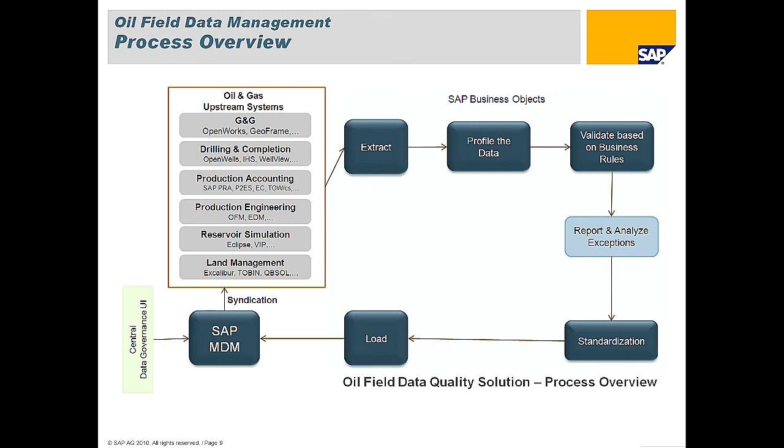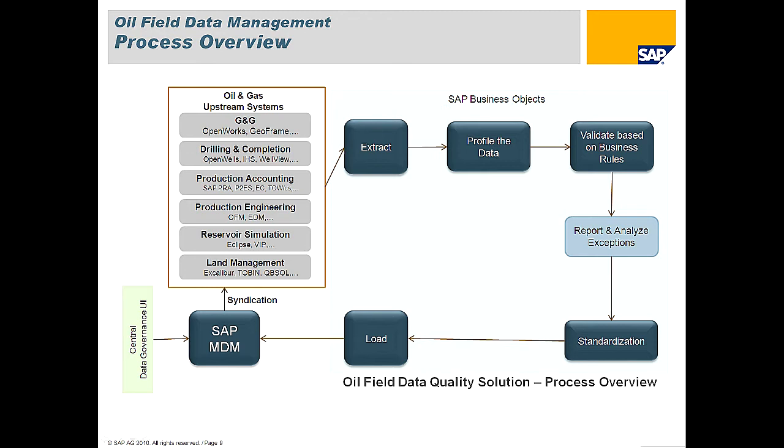So the solution we have built is to extract the data from these different systems and run it through the data quality cycle, which includes, number one, profiling the data, understanding the data. Then we have built business rules, about 250 business rules around the well master header. We run through those validation rules, report the exceptions, and cleanse them, in a manual as well as a standardized automated fashion.